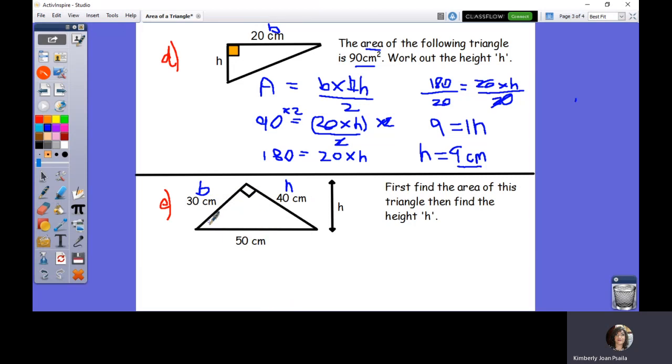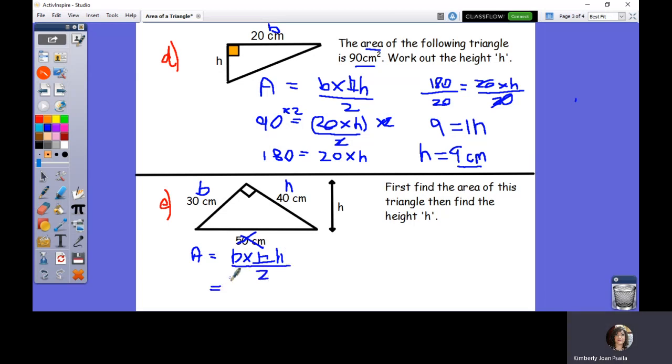So let us first find the amount of space inside this triangle, the area of this triangle. For now, forget about the 50, you don't need it, the 50 centimeter. So A is equal to B times perpendicular height all over 2.